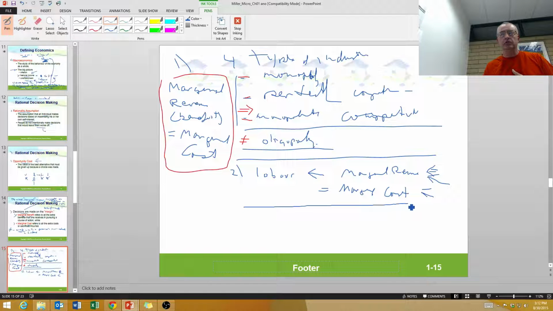That's example number 2. And I know you're not really getting any of this at this moment, but that doesn't matter. I'm just bringing to your attention some examples of situations in economics where decisions are made on the basis of marginal cost and marginal revenues.